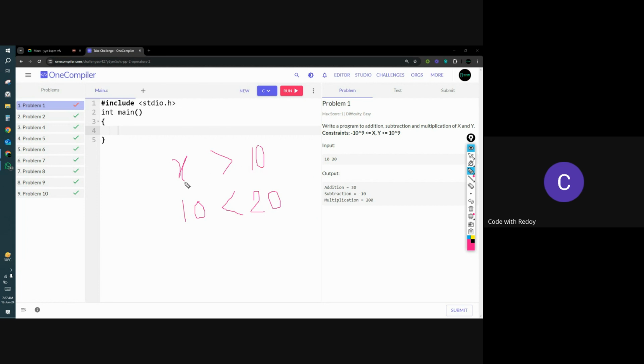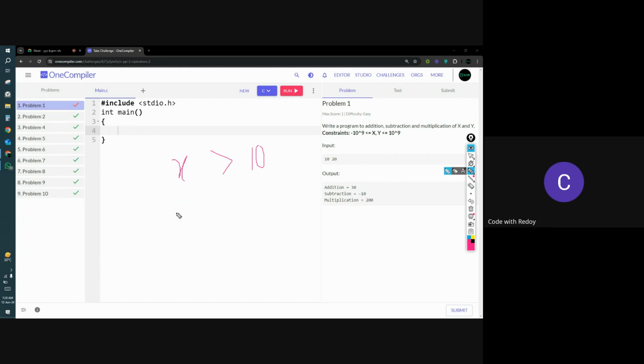That means I'm expecting the value of x will be greater than 10. Whenever I write x greater than 10, you need to take an input for x that must be greater than 10. Is it okay?